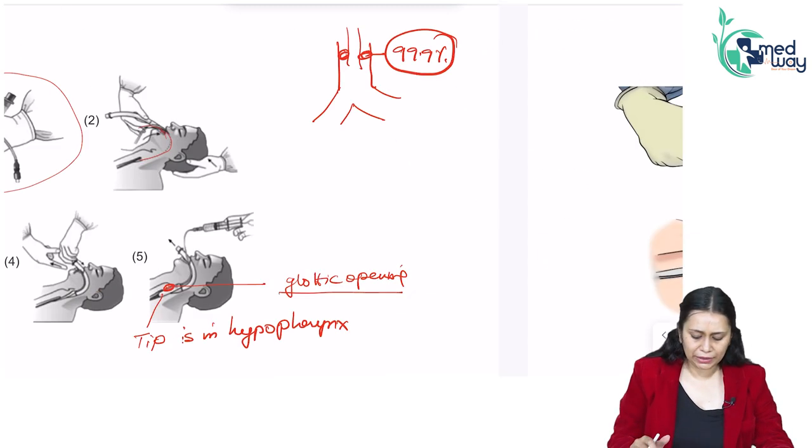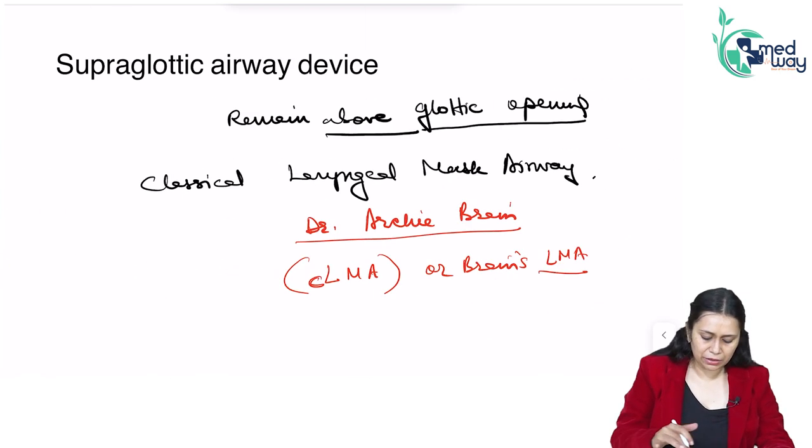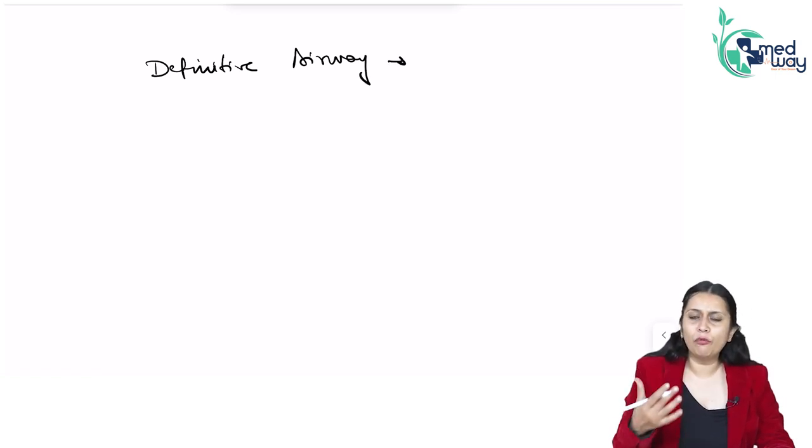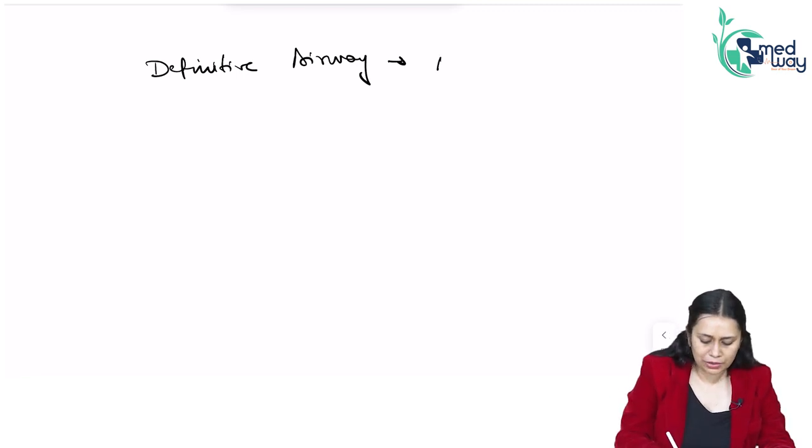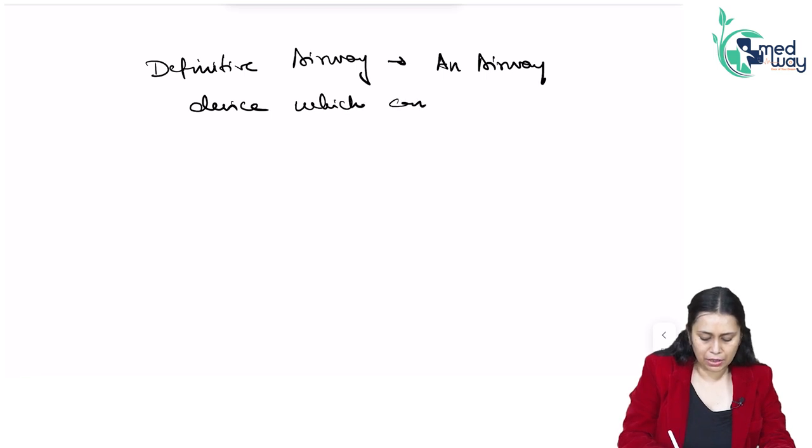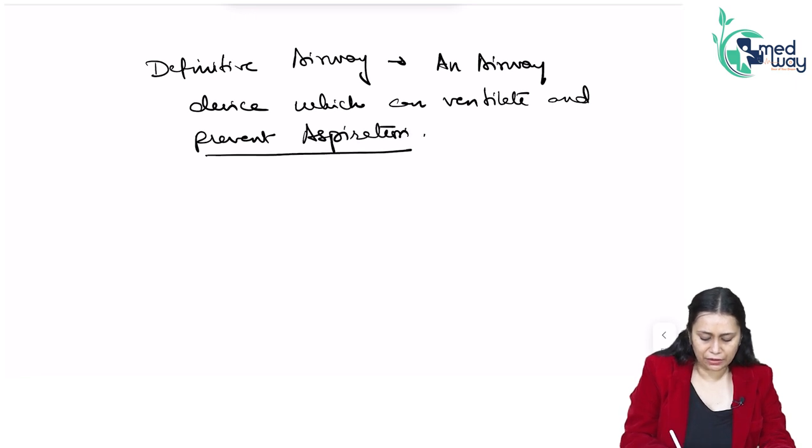So how do we define a definitive airway? Let me define a definitive airway for you. A definitive airway is a device which can be used for ventilation and can also be used to prevent aspiration. So it has to do both jobs. Any airway device which can ventilate and prevent aspiration is a definitive airway device.